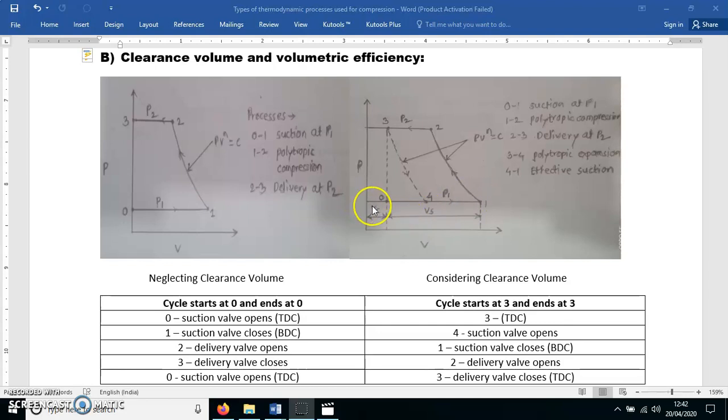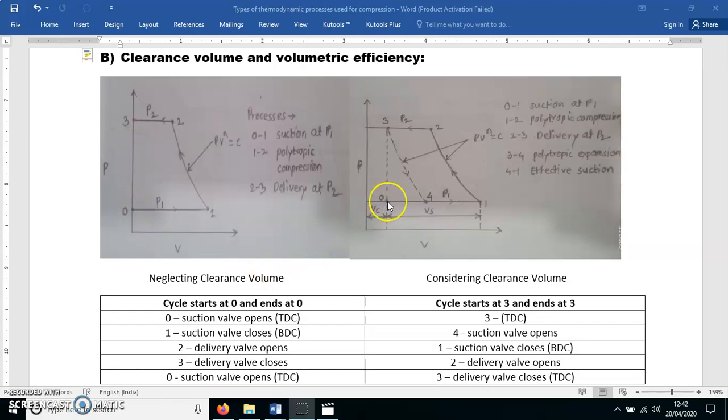So you can see here, as the clearance volume is there, point 0, that is the top dead center, is shown here, which is away from the cylinder head. In this case, there is no clearance volume, therefore 0 and the y-axis, that is cylinder head and top dead center, match.